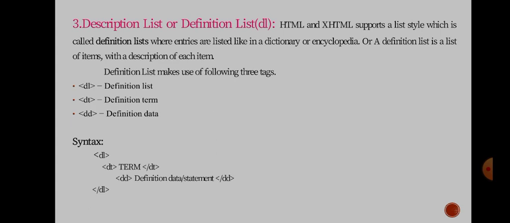The first is the DL tag, meaning definition list, the next is the DT tag, meaning definition term, and the next is the DD tag, meaning definition data. In the syntax, the DL tag defines the description list, the DT tag gives the term, and the DD tag gives the definition data or statement.